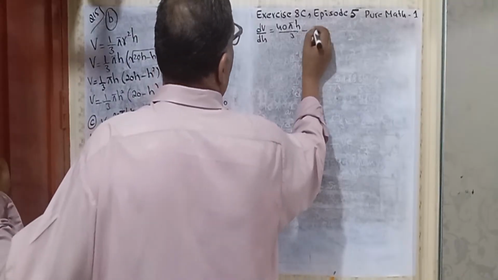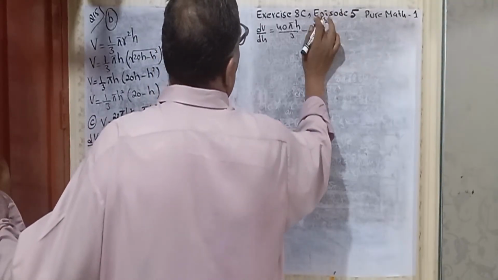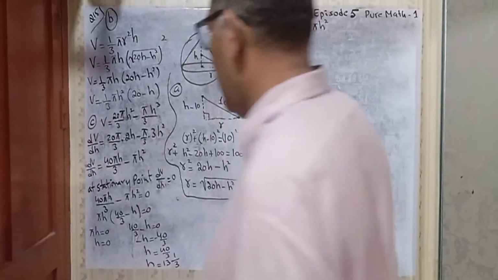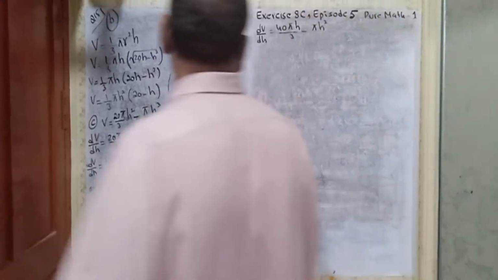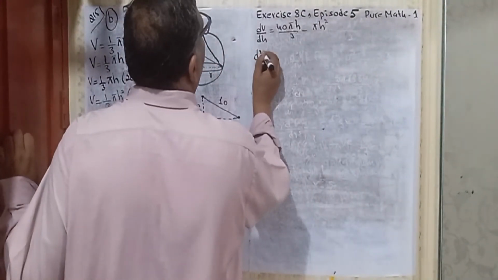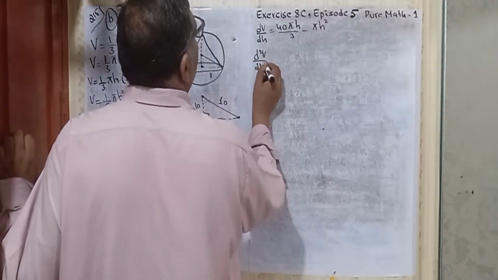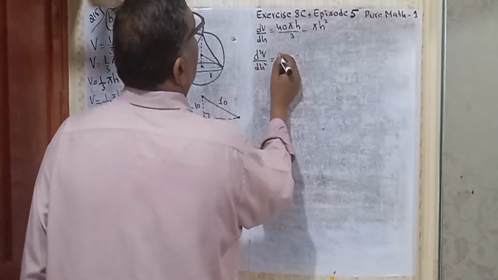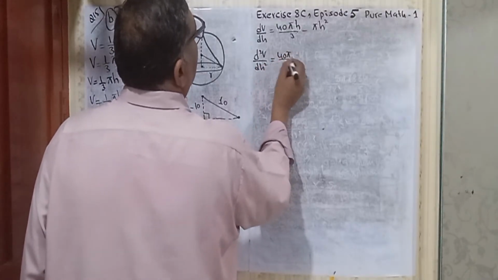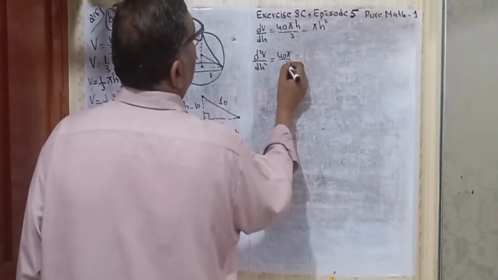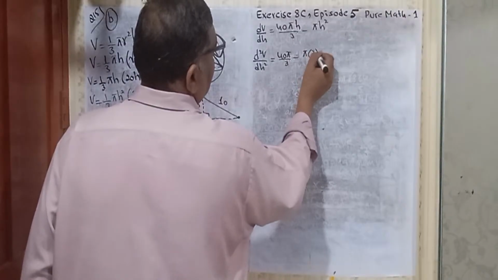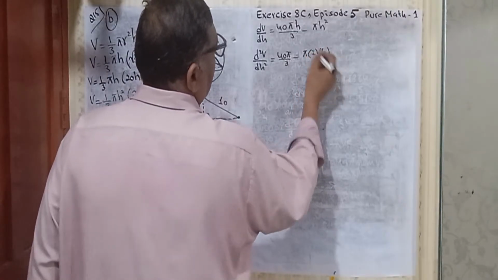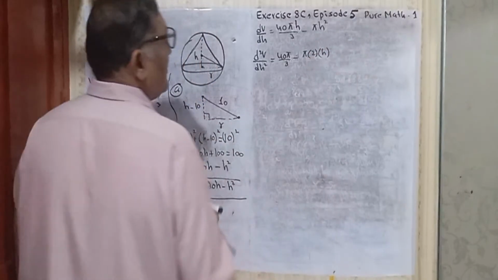minus πh squared. This is my first derivative, so I will differentiate it further to get the second derivative. So d²V/dh² will be equal to 40π/3 (the h derivative is 1), and minus π times 2 comes to the side, the power decreases, and the h derivative is 1.